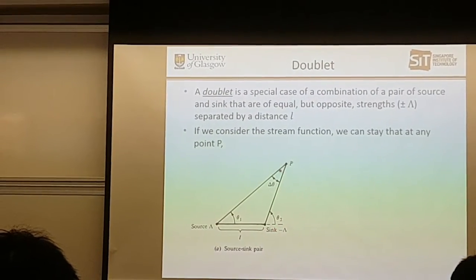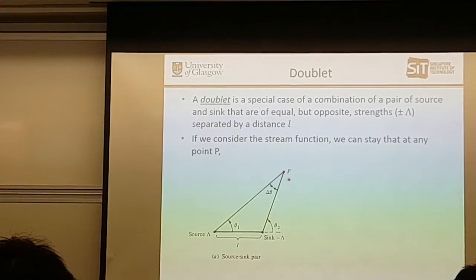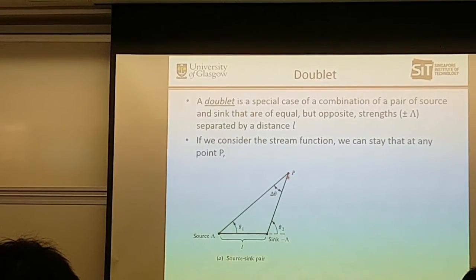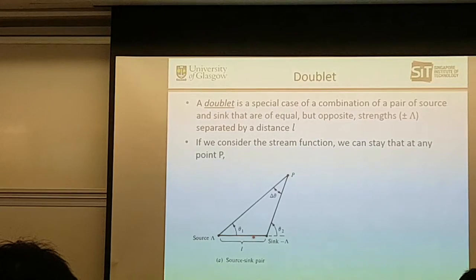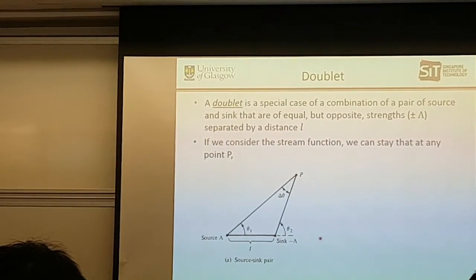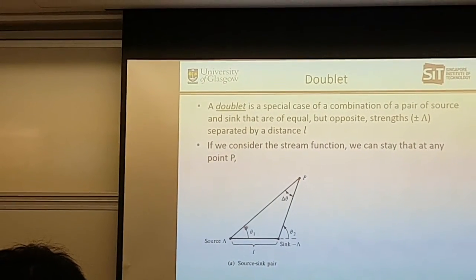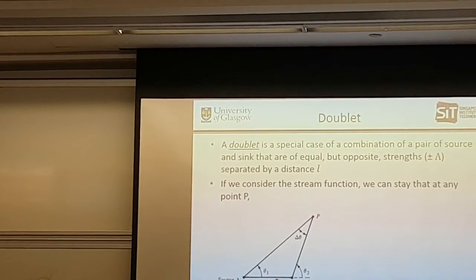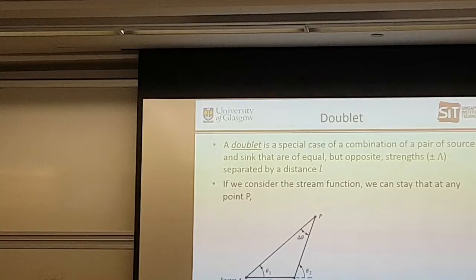If I put a probe here to measure velocity or pressure, the value I measure must be because of both the source and the sink. If they are too far apart, then it's independent of these two and not a doublet anymore. But when they are very close together, you can consider this as doublet flow.